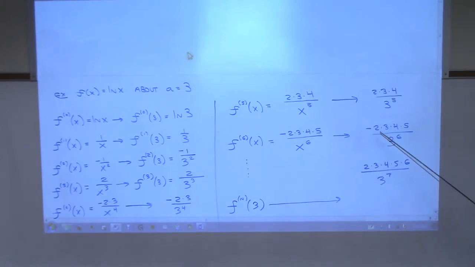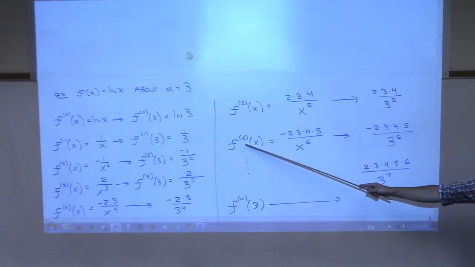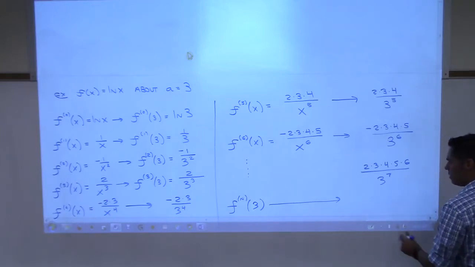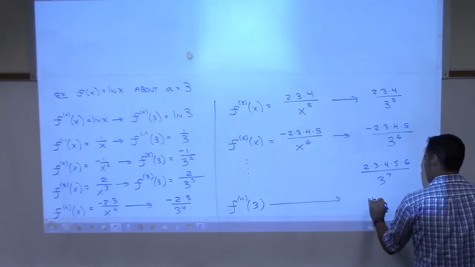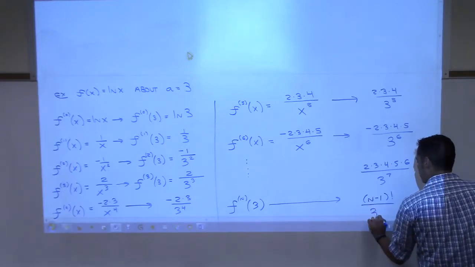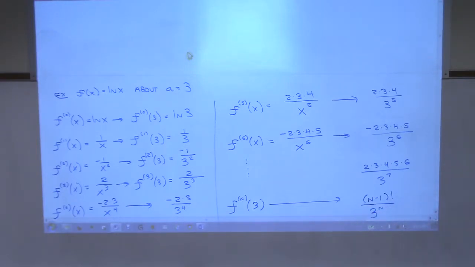The numerators are always a factorial, but one less than the derivative I'm taking, so n minus 1 factorial on top. On the bottom, it's 3 raised to whatever the derivative is. So we have n minus 1 factorial on top, and on the bottom, 3 to the n. I just haven't done the alternating yet.